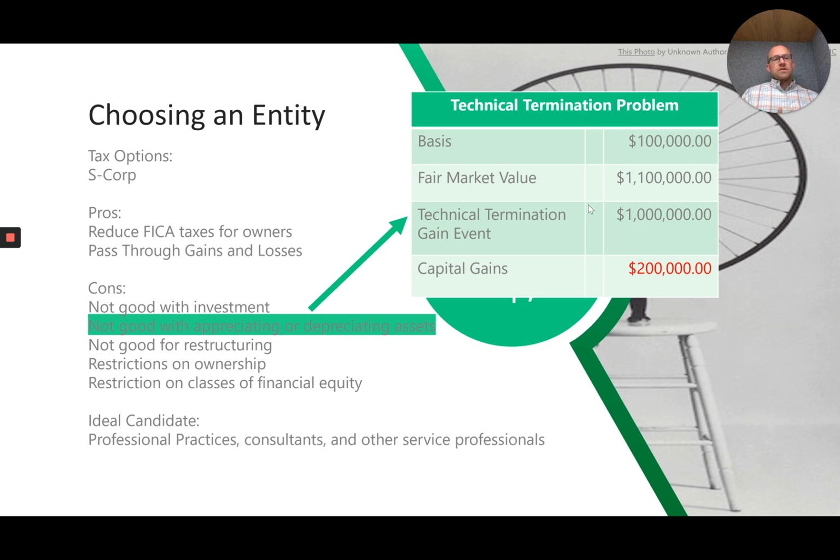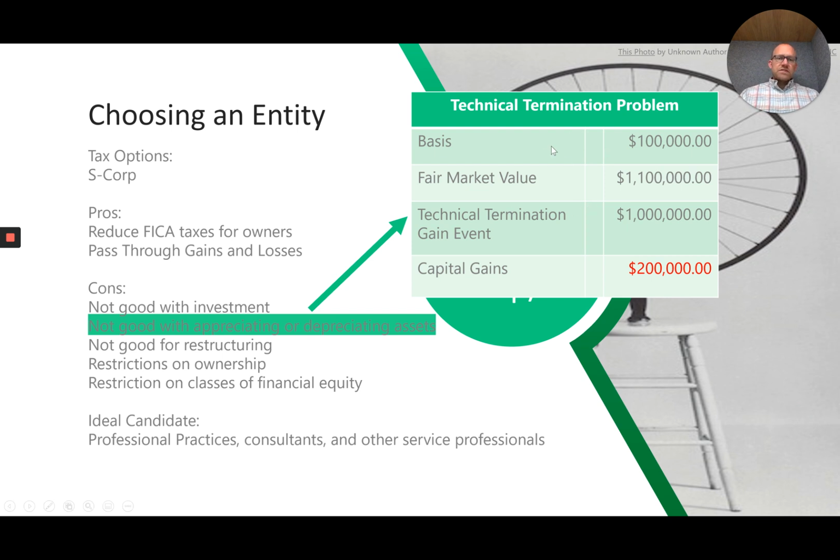So the problem comes up if you own assets, if you own real estate or software or something that changes in value, and especially when you have an asset like real estate where not only does it appreciate in value over time, but you can write off and depreciate it on your taxes, there's often large gaps between the tax basis and the value, which means you'd have to recognize gain.